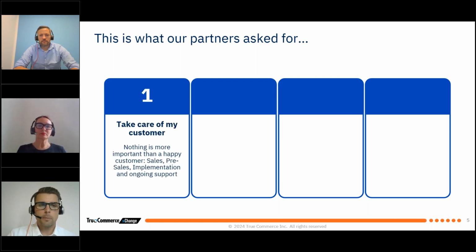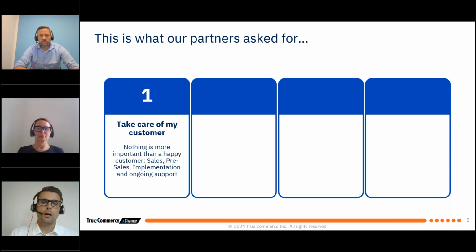The first thing, our partners were very clear, and they were unanimous on this. They said, take care of my customer. There is nothing more important than making sure that we are responding promptly, we are reactive, we are concise, and very knowledgeable when you as a partner introduce us to either your customer or your potential customer.